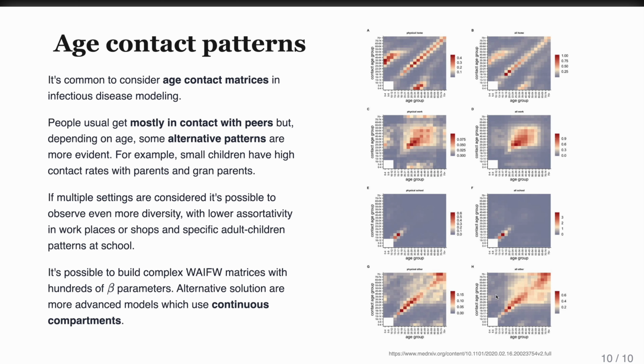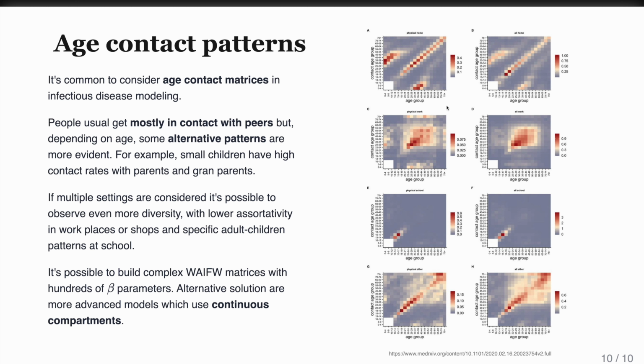Finally, let's take a look at age contact patterns. They are much used during epidemiological studies because it's known that the level of contacts changes a lot when considering ages, both when considering contacts between peers, but especially when considering contacts between people of different ages.